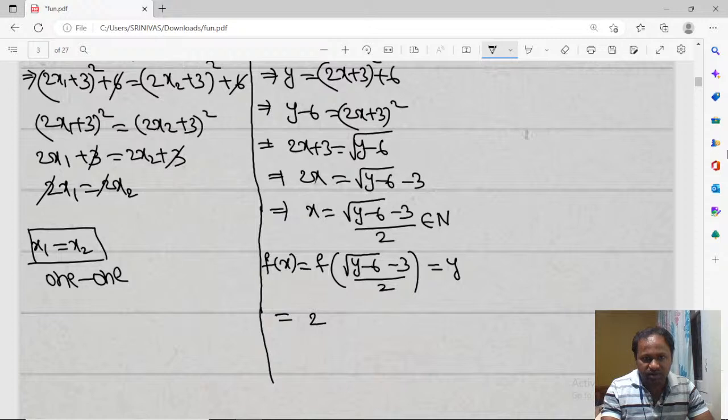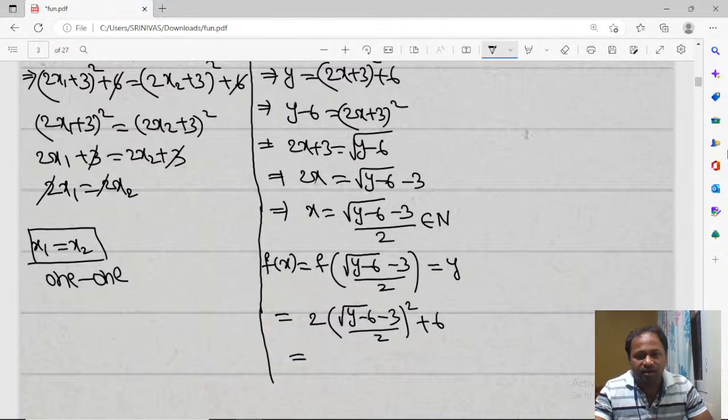That is nothing but 2 into x. The x value is square root of y minus 6 minus 3 by 2, whole square, plus 6, right? That is equal to, so here 2x plus 3. This is 2x value plus 3. Plus 3 means what we get?